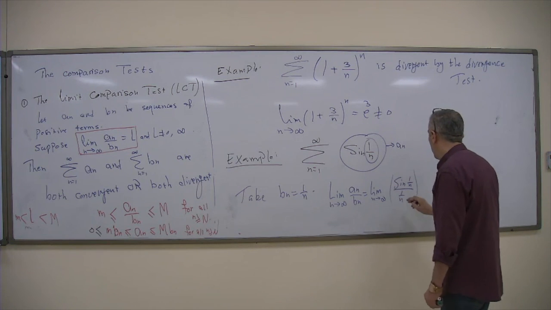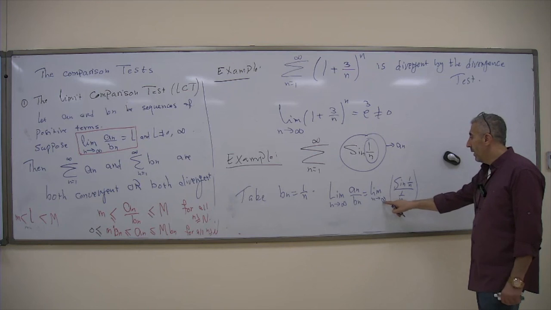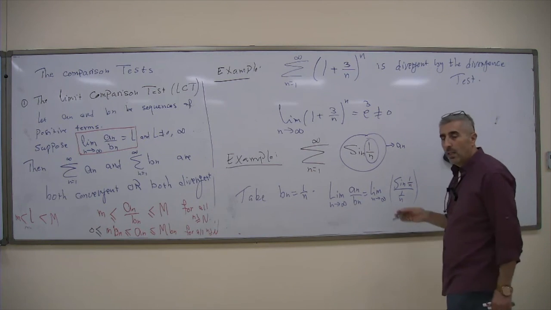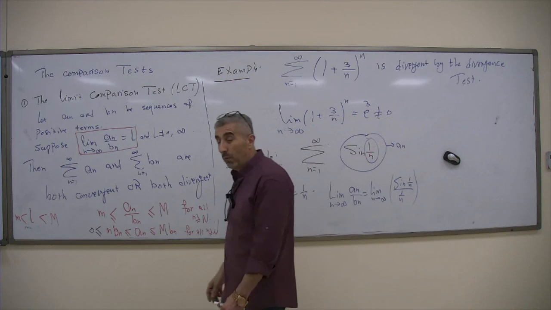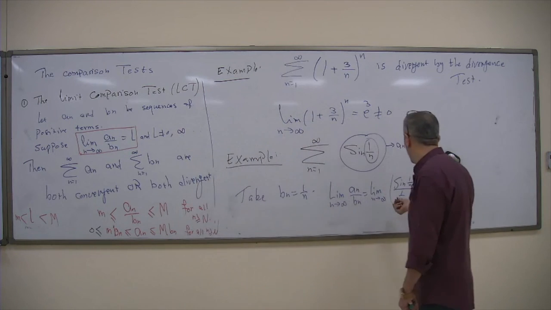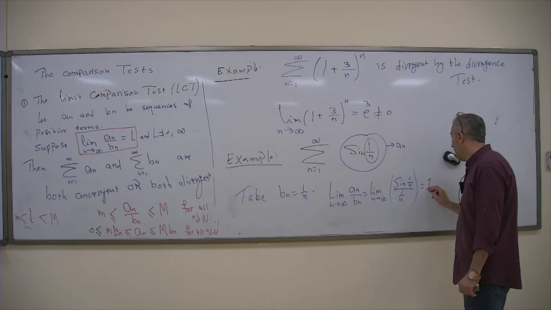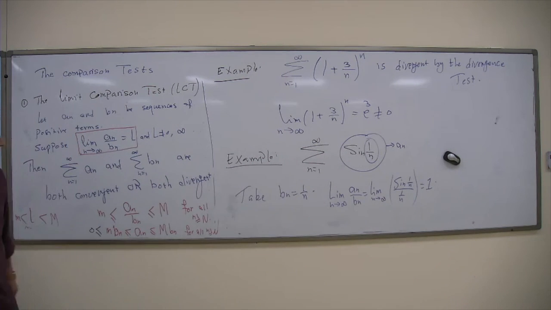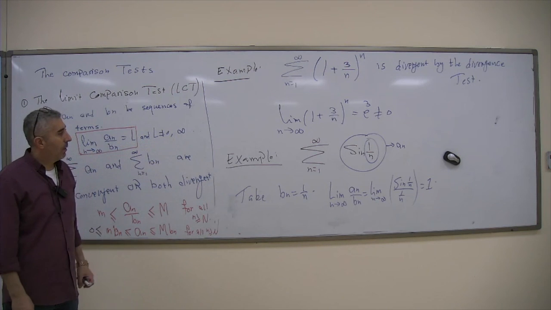What is this limit? When n goes to infinity, this goes to 0 and this goes to 0 at the same rate. So that is similar to sine x over x when x goes to 0, and you know this limit from calculus 1, it is 1. So that's it. L is not 0, not infinity.